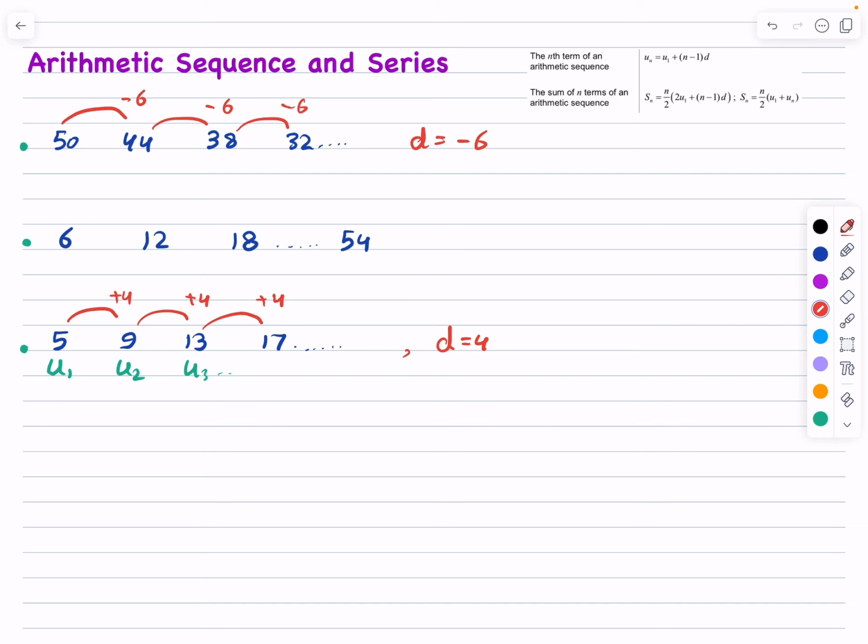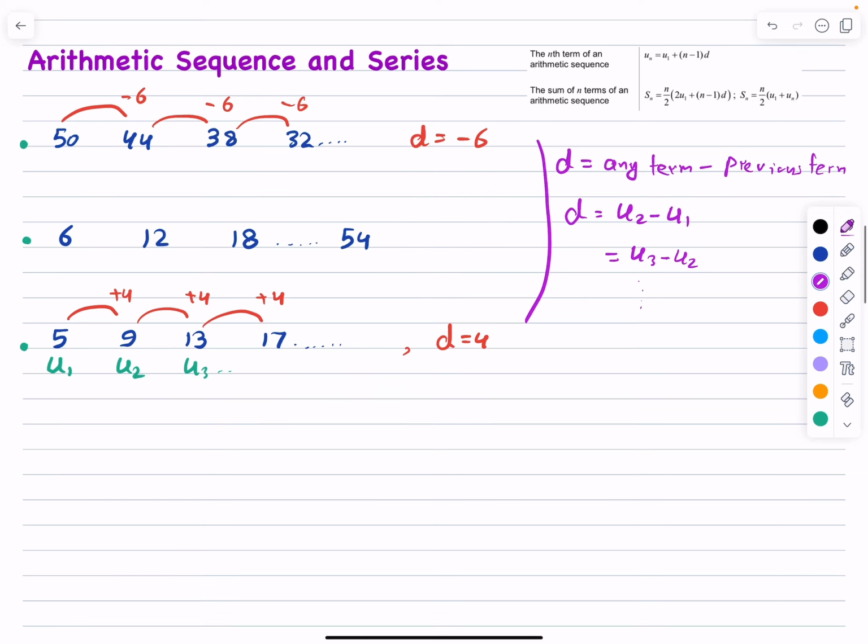A common idea we use to find the common difference is this: the common difference D is any term in the sequence minus the previous term. So, for example, D would be the second term minus the first, or the third term minus the second, or even the fifth term minus the fourth, and so on.